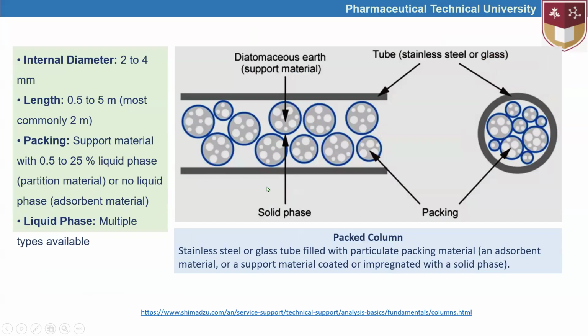And this is an example of a packed column made of stainless steel or a glass tube filled with particulate packing material, an adsorbent material or support material coated or impregnated with a solid phase. Here we can see different sizes of the adsorbent.